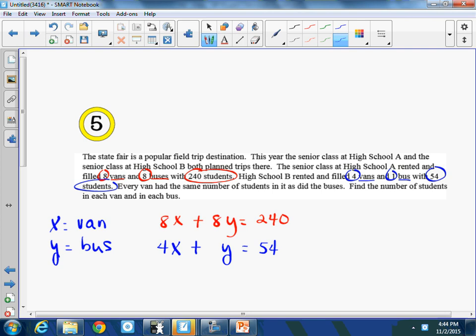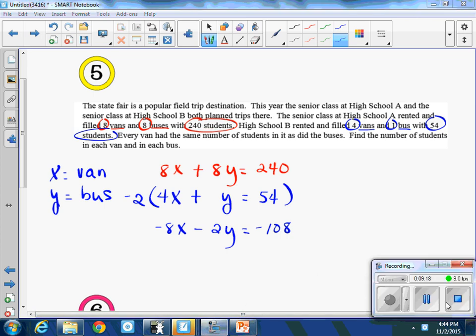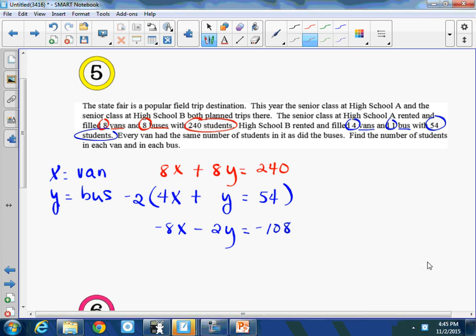And what I'm going to do is multiply the bottom one by negative 2. So negative 2 times 4x would be negative 4x minus 2y. And negative 2 times 54 would be negative 108. Alright, so what I'm going to do is rewrite the red one over here as the bottom one so that I can go ahead and do my math.